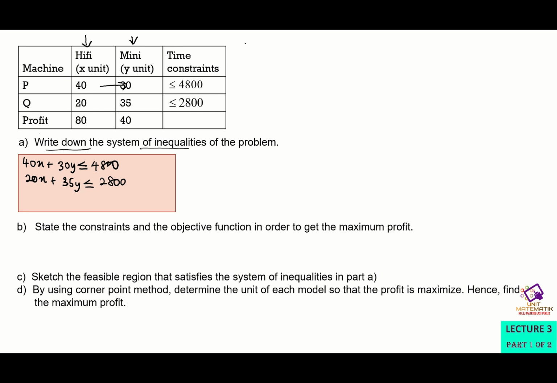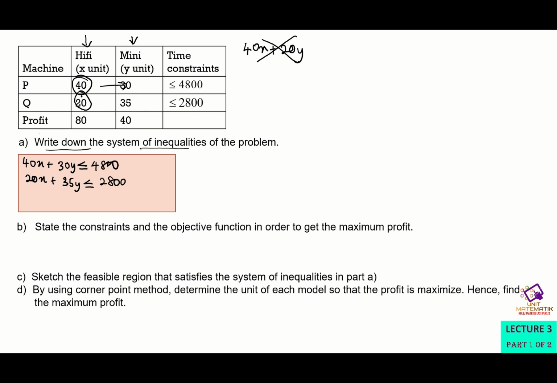Okay, please listen and watch this carefully. Students tend to do the mistake like this. What did they do? This shows that the student add across the row. The student takes this 40 and then add with this 20. 40x plus 20y. This is wrong. Why this is wrong?